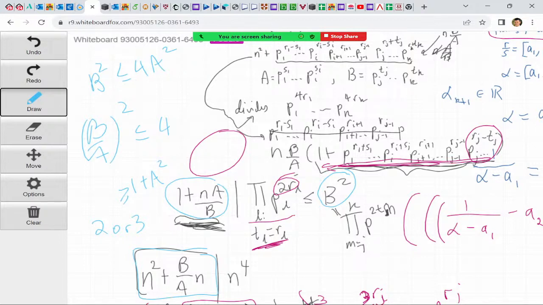Oh, wait, we said that was greater than. Oh, I'm dumb. Okay, so 1 plus a squared is greater than a squared, and then 1 plus n a over b is greater than 1 plus.